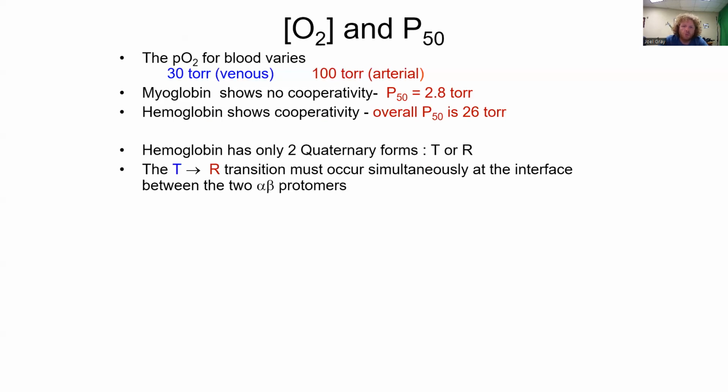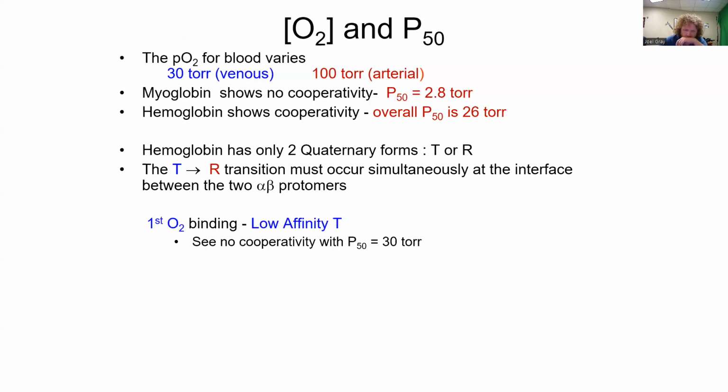Hemoglobin only has two quaternary forms, the T shape, that deoxygenated form, and the R shape, that oxygenated form. The T to R transition must occur simultaneously at the interface between the two alpha beta protomers. Now, the first O2 binding is going to be where you have very low affinity.